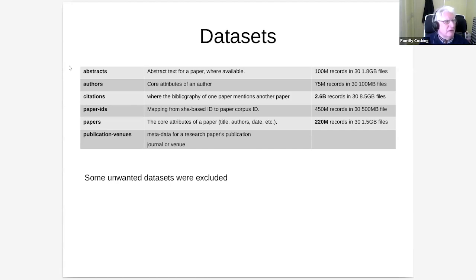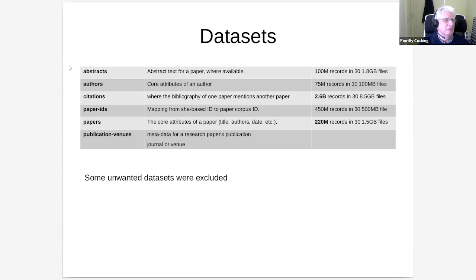There's a rather strange data set called paper IDs, for reasons that I can guess at, but I'm not sure about. The Semantic Scholar system has two different keys for a paper.